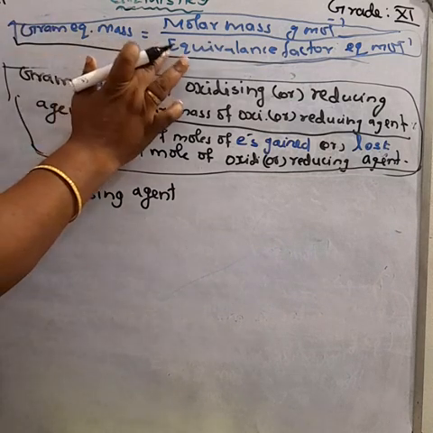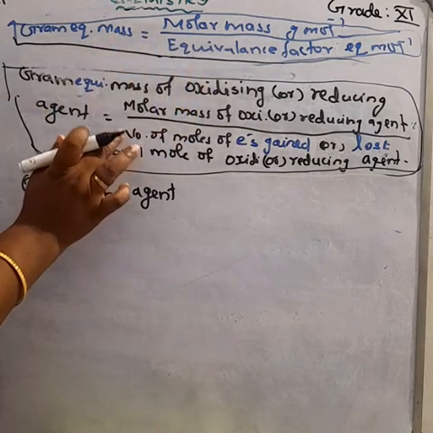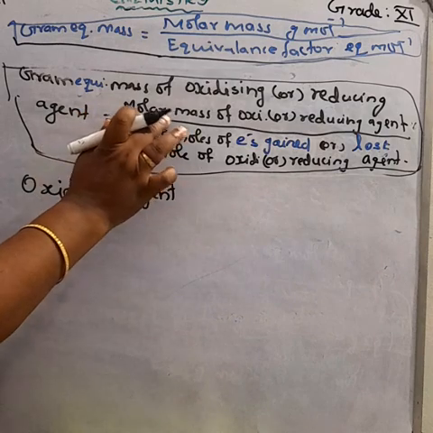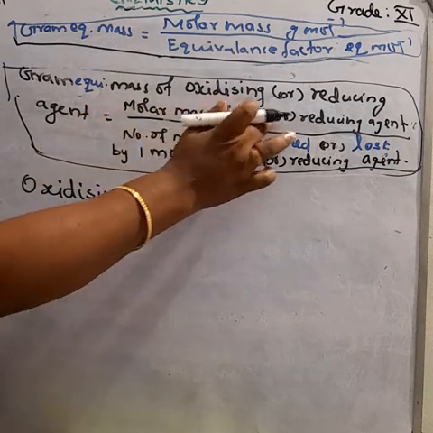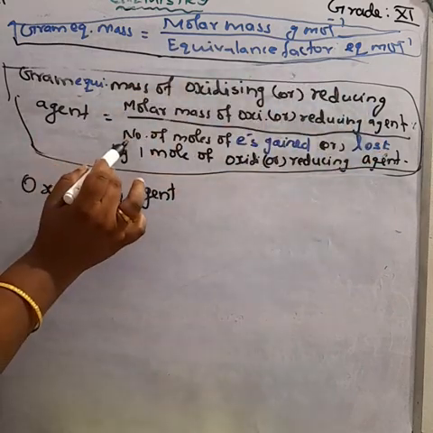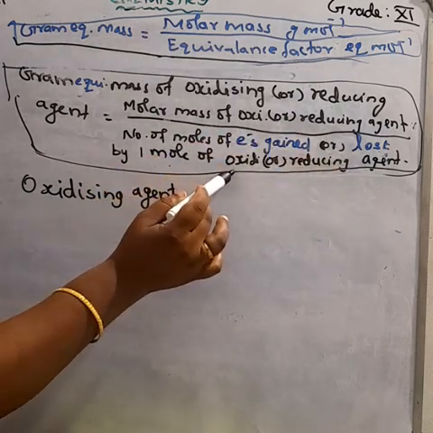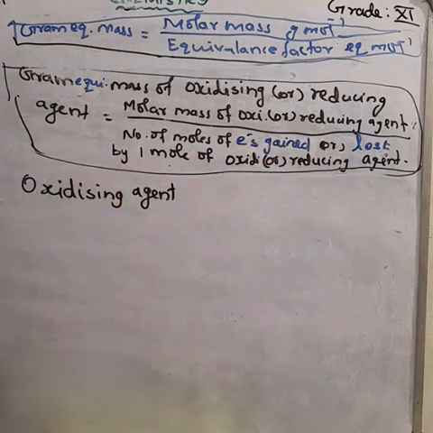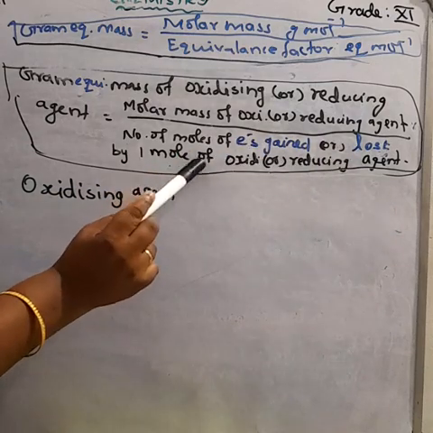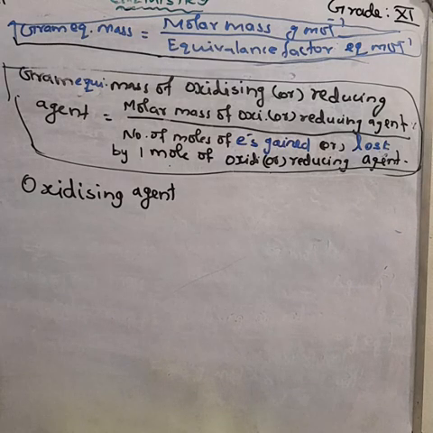For the oxidizing and reducing agent, the gram equivalent mass is equal to the molar mass of the oxidizing agent or reducing agent divided by the number of moles of electrons gained or lost by 1 mole of the oxidizing or reducing agent. Very, very important.